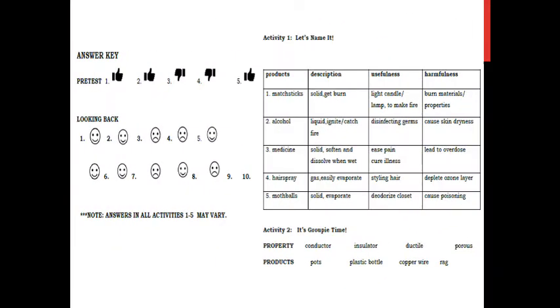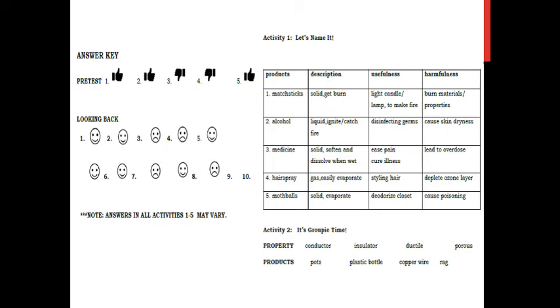Okay, so these are the answer sheet. If you want to know if your answers are correct, you can just see on the answer key or key to corrections. So here are the key answers in the pretest and the looking back.